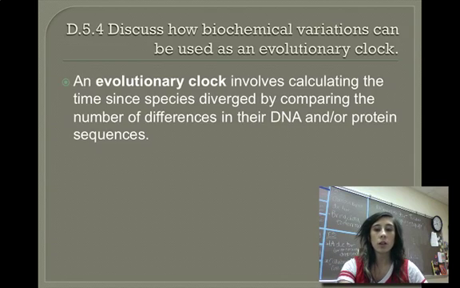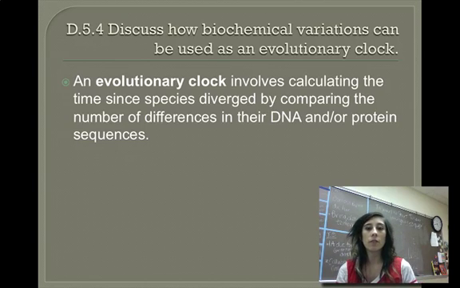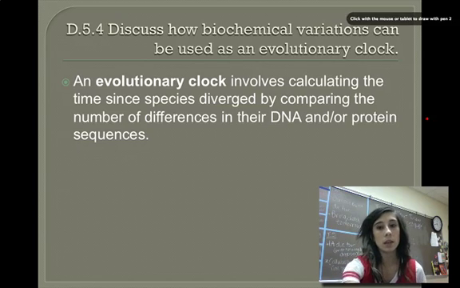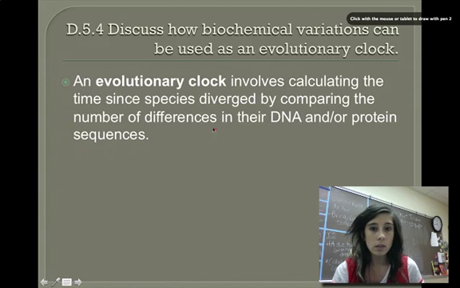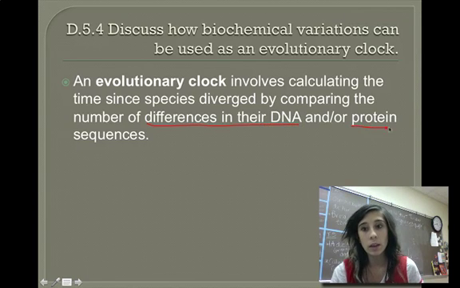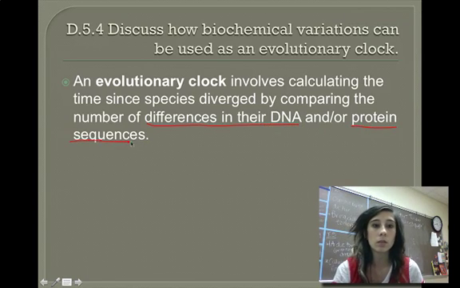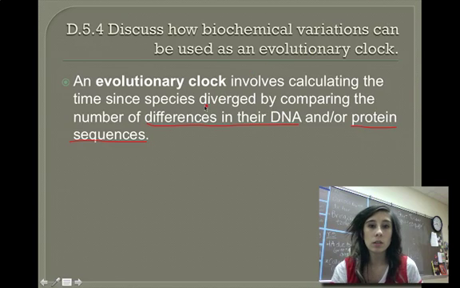So an evolutionary clock is going to involve calculating the time since species have diverged by comparing the number of differences within the DNA. So we're looking at differences within DNA. It could be looking at protein sequences, depending on what animals we're looking at, and we can determine the divergence.